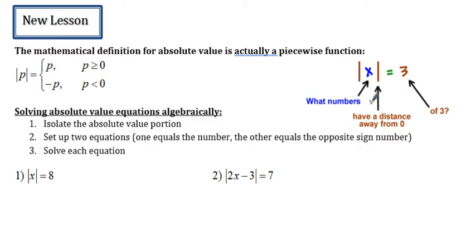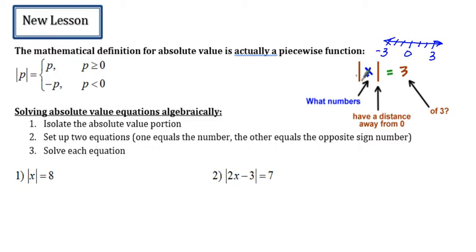What numbers on a number line have a distance away from 0 equal to 3? There are two: 1, 2, 3 up solves that, and 1, 2, 3 down solves that.